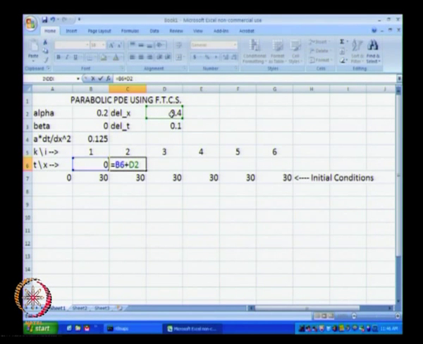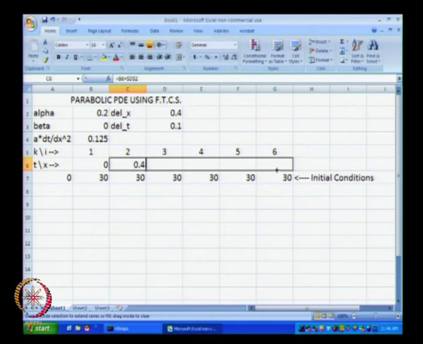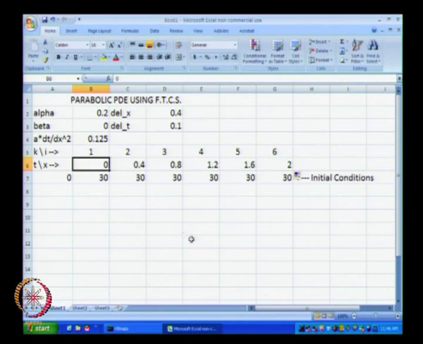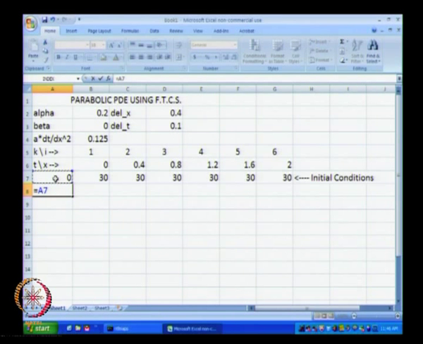I will put the dollar signs over there because the delta x does not change. So, this is the length of the rod going from 0 to 2 centimeters, and the time is going to be equal to the previous value plus delta t. I will again press F2 and put dollar signs, so that when we drag it below, this value will not change.